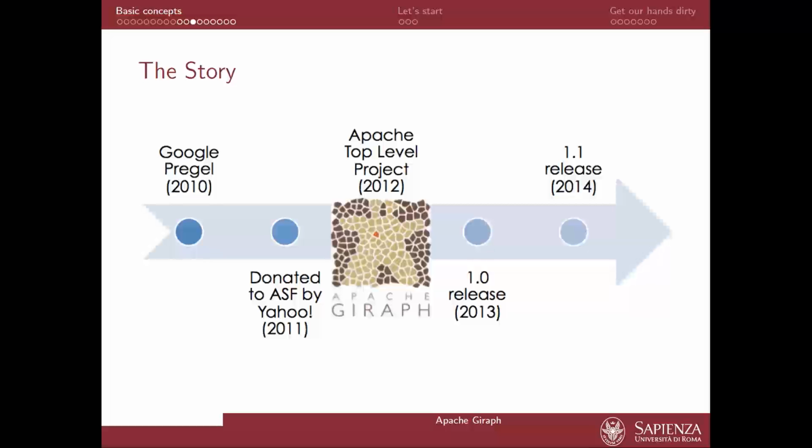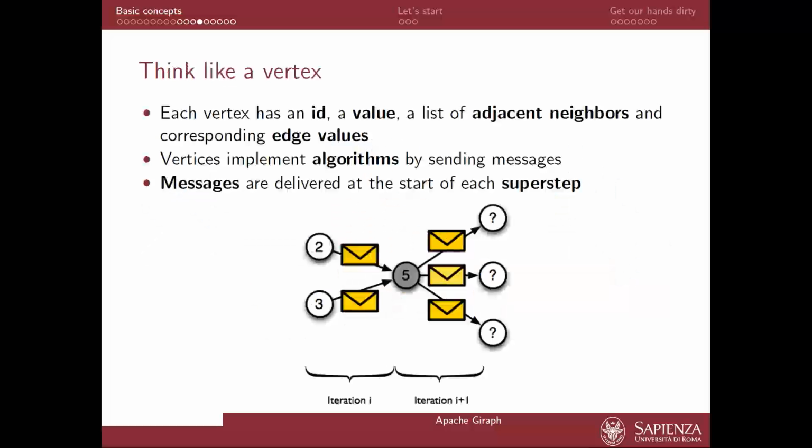How does Giraph work? Well, we are in a distributed system and implementing algorithms for Giraph means implementing a function that is executed by each single node. A node has limited knowledge. A node simply knows only its ID, a value, the list of neighbors, and the corresponding edge values.